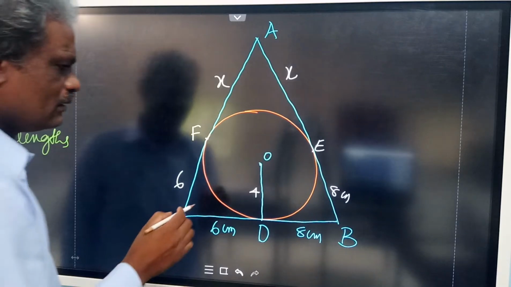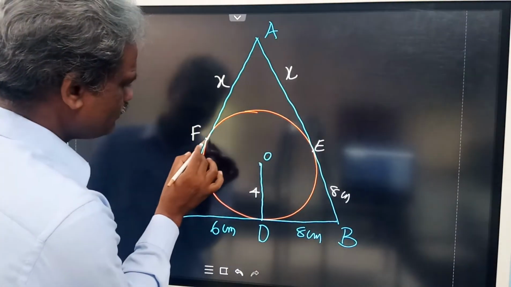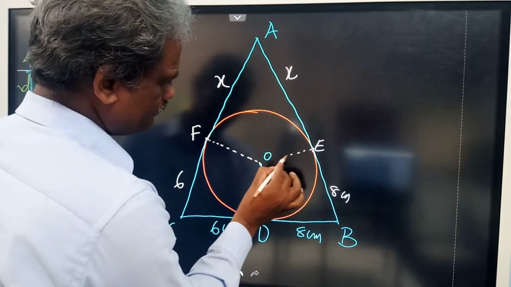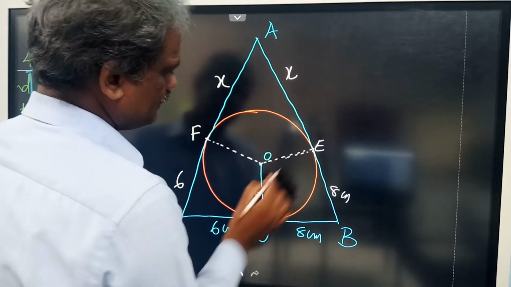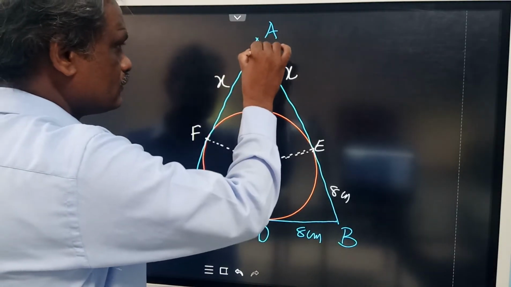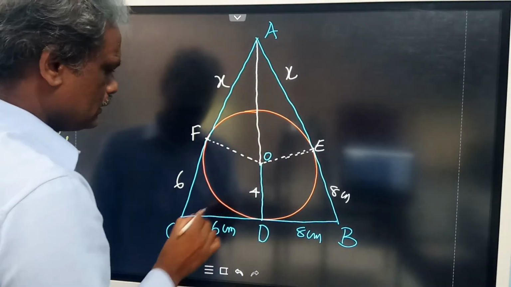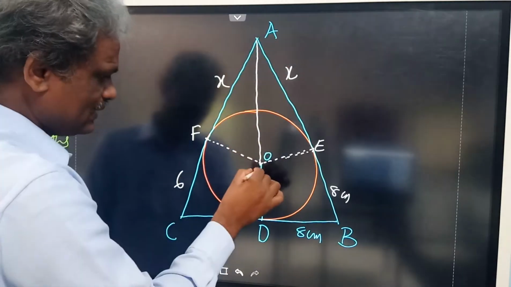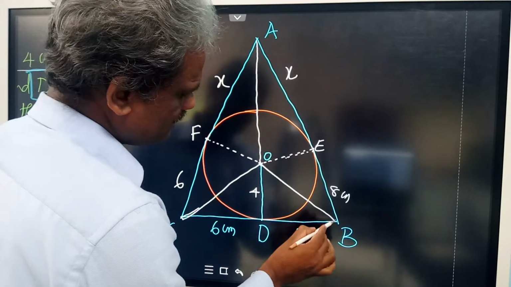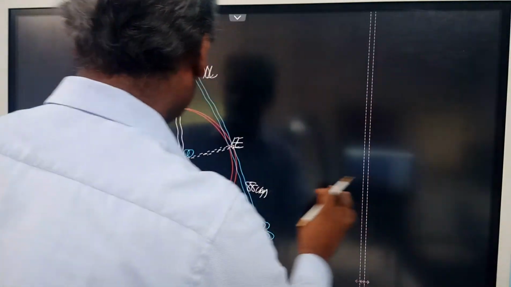Let us join these points of contact. Also join the radius. Join this vertex to the center, this vertex also to the center, and this also to the center. This is the construction.